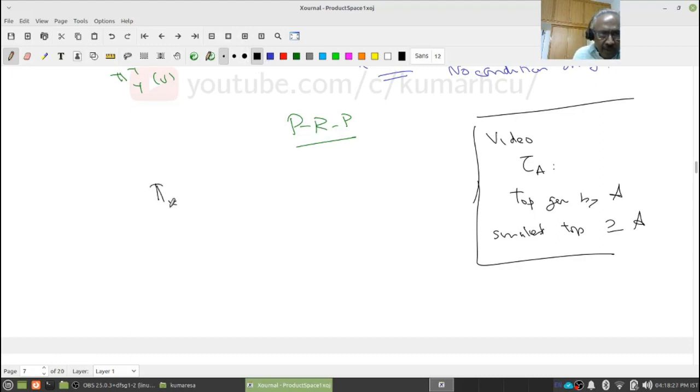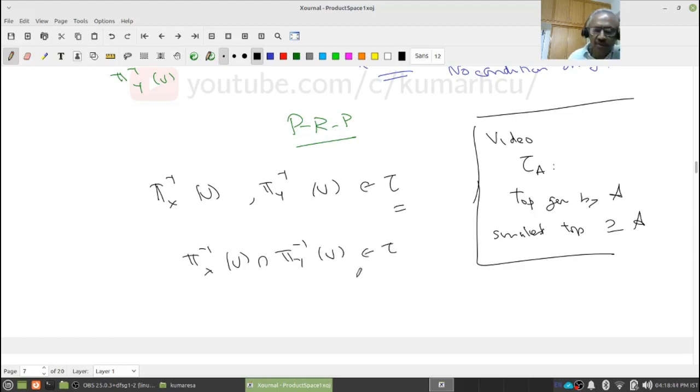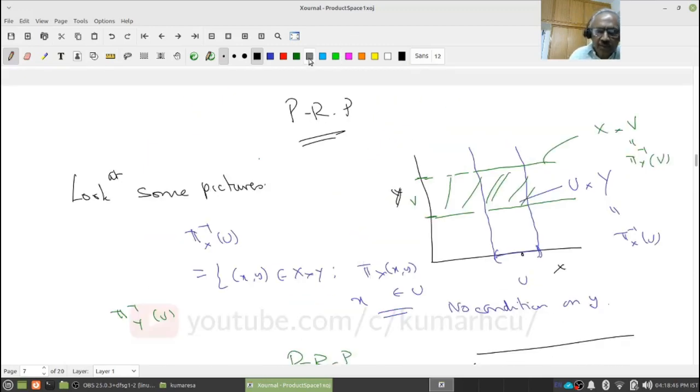Now remember, pi x inverse of u and pi y inverse of v both are in tau. This is a topology. Therefore, I know pi x inverse of u intersection pi y inverse of v must be in tau, because this is an open set in tau, and this is also an open set in tau. So what does that mean? So again go through this. So this is your thing.